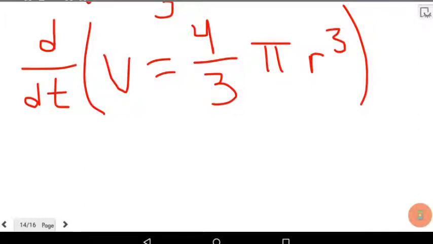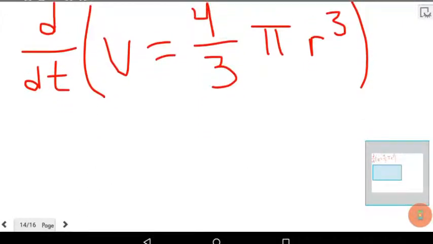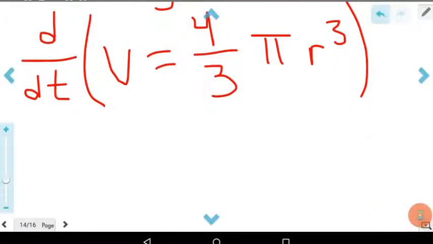So when we take the derivative of v with respect to time, like I just said, v is a function of time, but we don't really have an explicit formula for v with respect to time, so we can't really know an explicit derivative for v with just t being our variable.